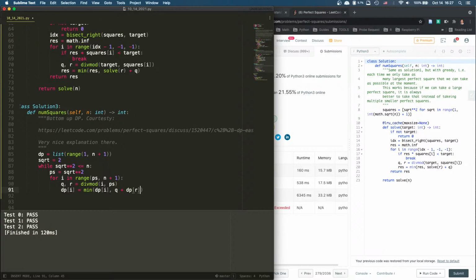R is the remaining, and the remaining will always be computed before as the minimum steps that we need to take, which would be DP[R]. So the minimum steps at DP[I] will be a divmod by the current perfect square that we're looking at. The maximum we can take out of the perfect square right now is Q, plus the remaining. So we go DP[R], which is the number of perfect squares needed for R.